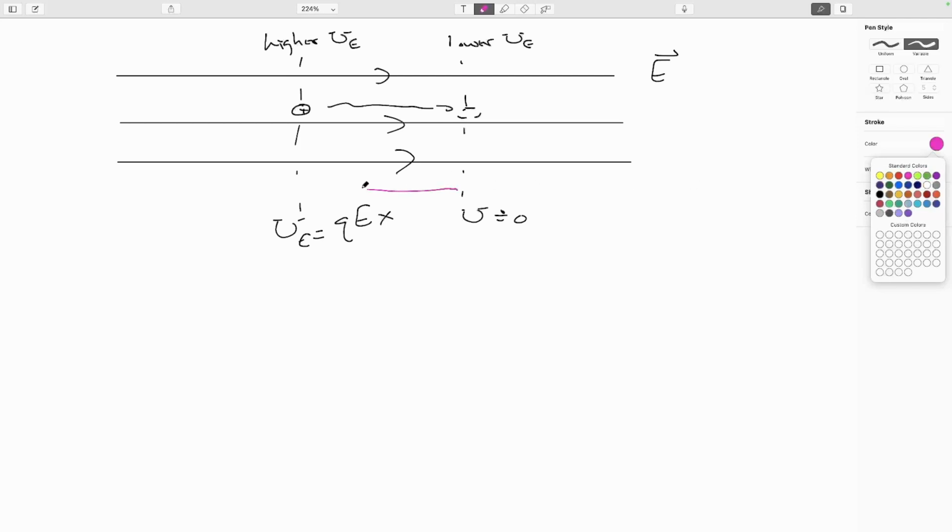This distance away from my U equals 0, that is my distance x. This is the positive direction I'm thinking of here for dimensioning my x. The electric potential energy here would be QEx, similar to doing mgy for gravity.